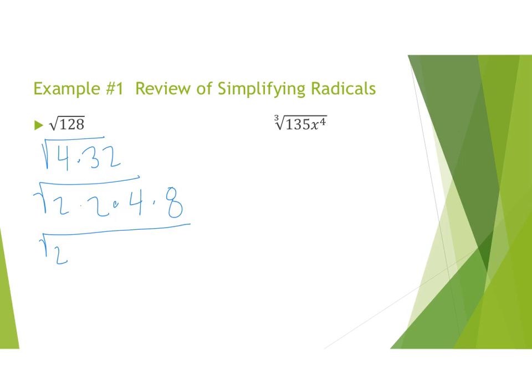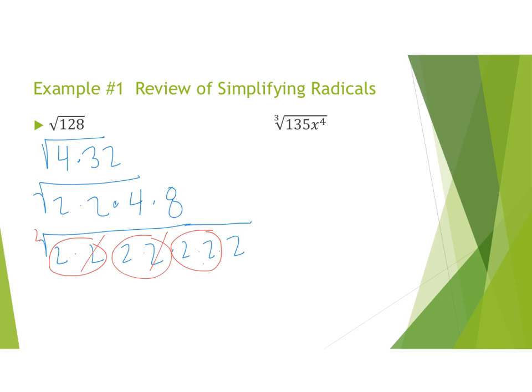Bring down the 2 2's. 4 can be broken down to 2 more 2's. And 8 can be broken down to 3 2's. Since we are dealing with a square root, we want to look for pairs of the same number. We have 1, 2, 3 pairs of 2's.